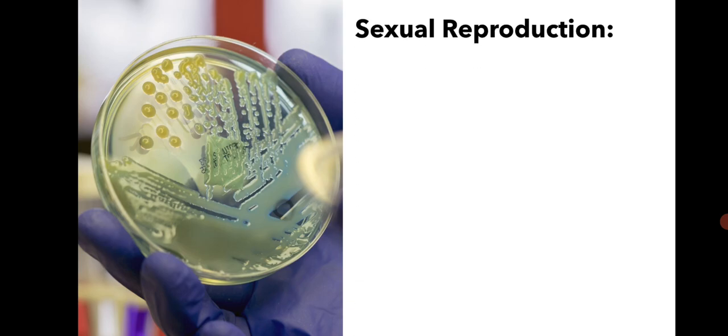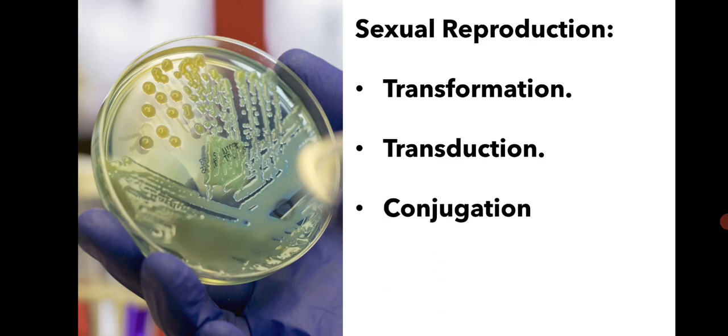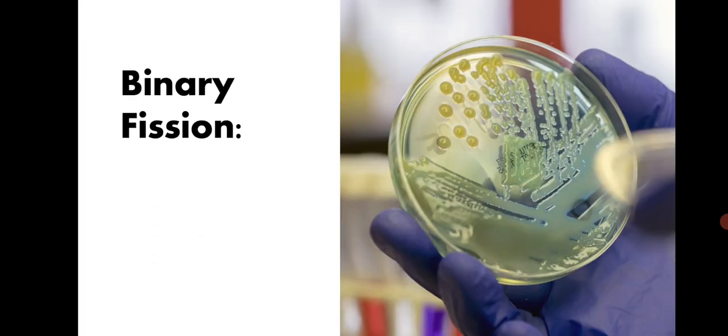Before that, we'll see the ways of sexual reproduction, which take place through transformation, transduction, and conjugation. Okay, so let's start with the asexual part, that is binary fission.